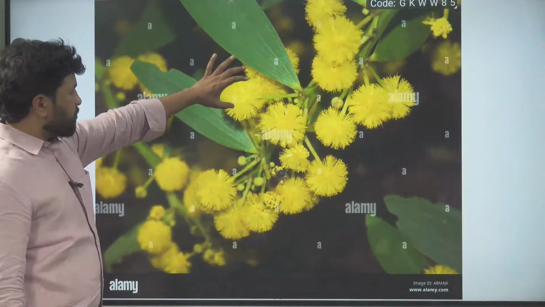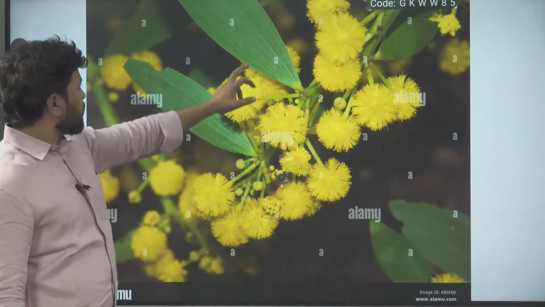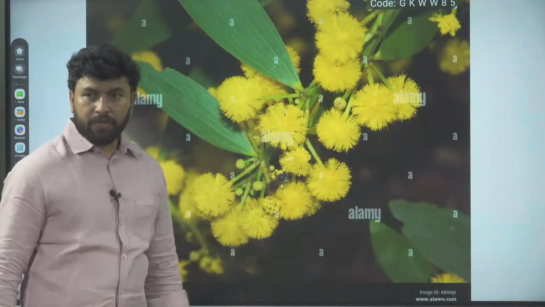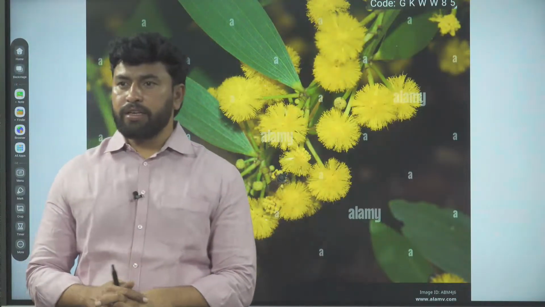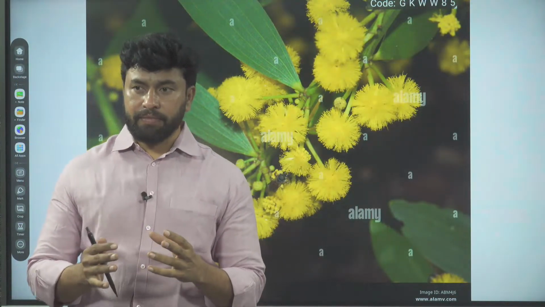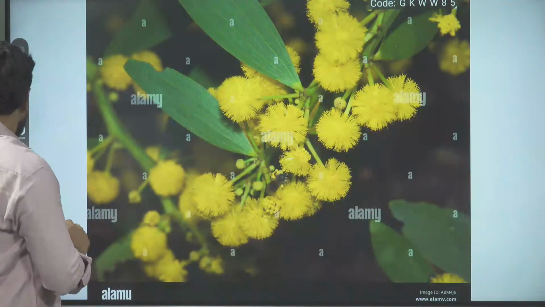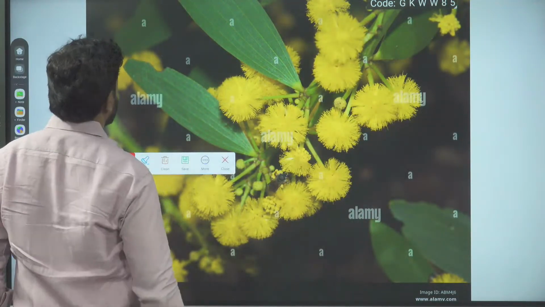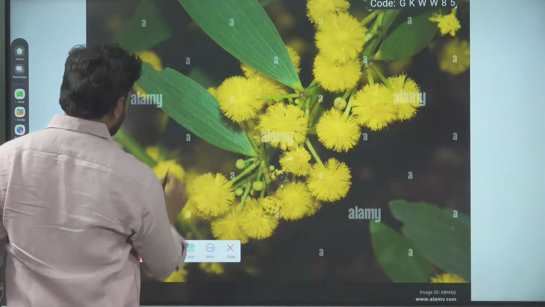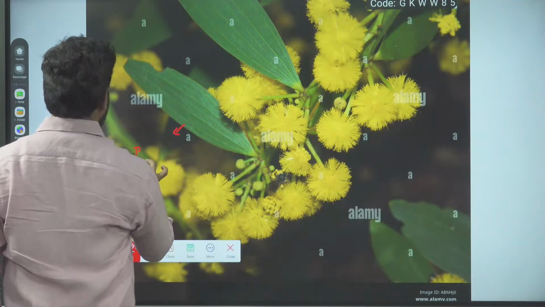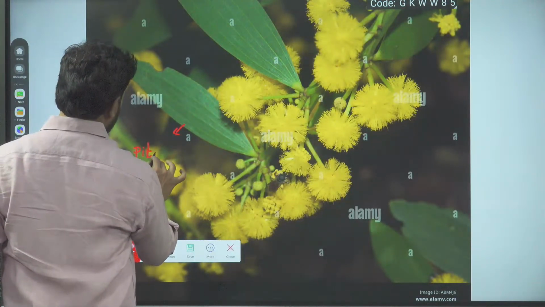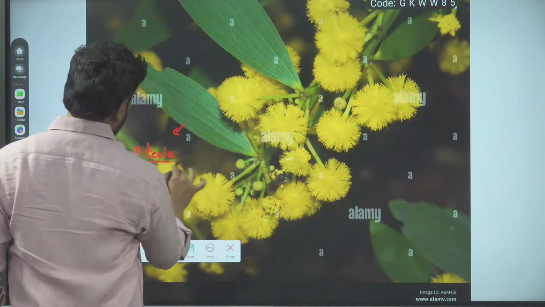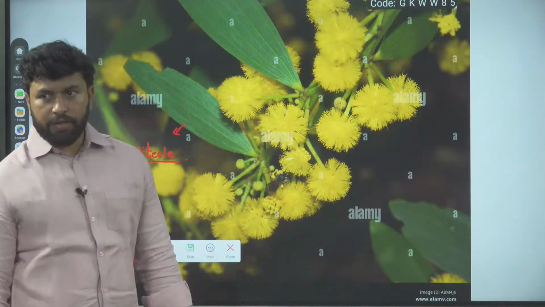In this, see, this part we observe is not actually a complete leaf. This is a part of the leaf that is called the petiole. Petiole. What happens over there?